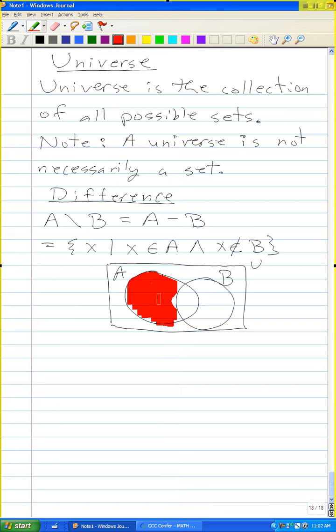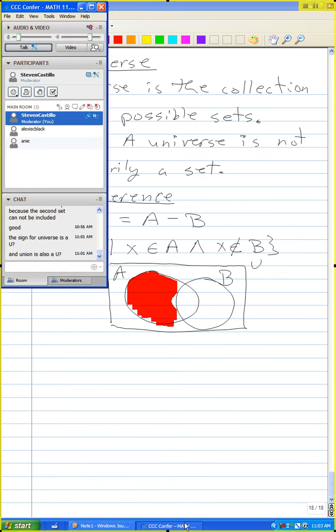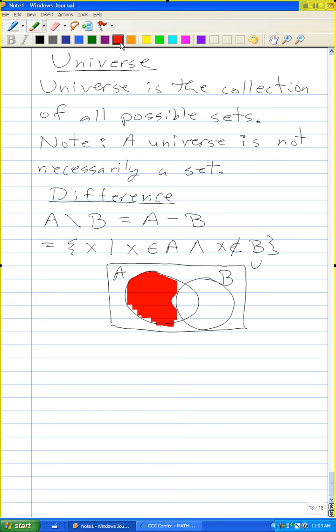Let me make it a little smaller. So I have to sort of fill this in as best I could.